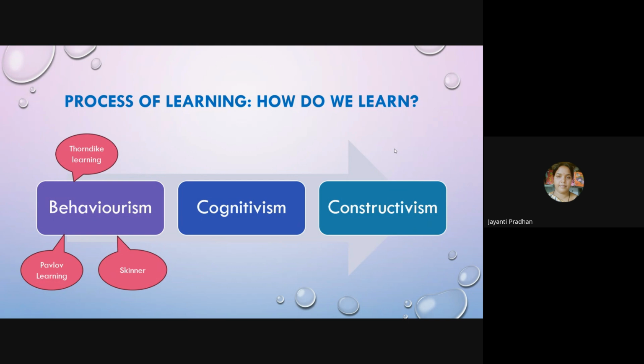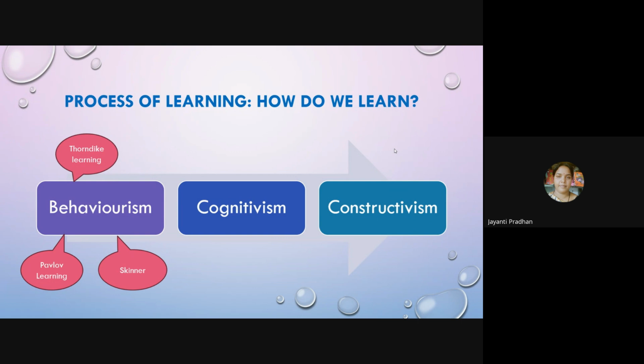So here in behaviorism they believe that learning helps to modify behavior, as rightly cited by you. At the time when behaviorism was the front line of the process of learning, we believed that if learning occurs, it will modify the behavior in a positive aspect. Thorndike, Pavlov, and Skinner are the exponents of this behaviorism.